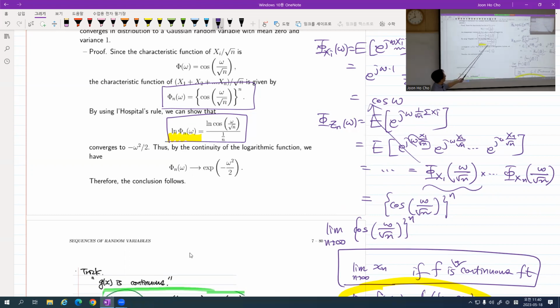Actually, you can expand the cosine function using the Maclaurin series or Taylor series. And then you use the famous result.